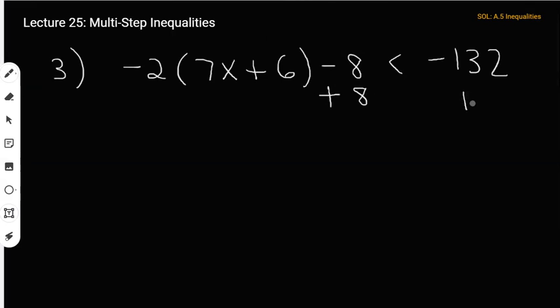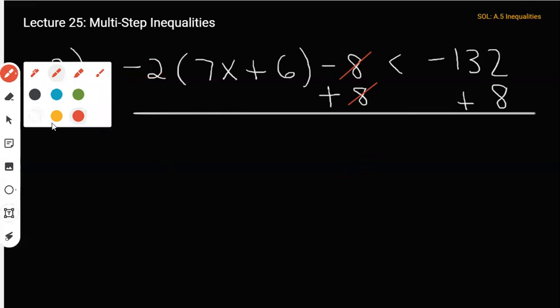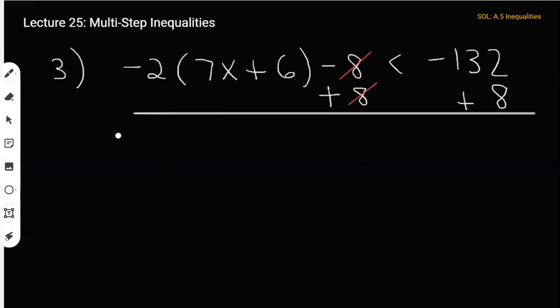So I'm going to add 8 here and add 8 here. So when I add 8, that means that the -8 and the +8 are going to cancel out, only leaving me with whatever's left on this side. -2 times 7x plus 6.